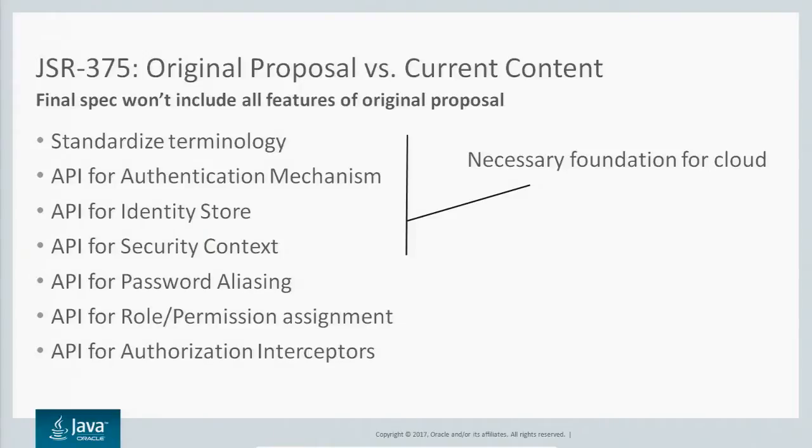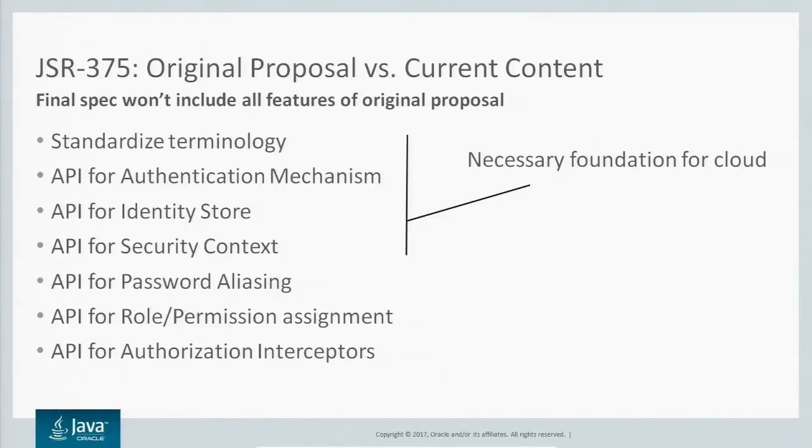So the list on the left is what was originally proposed. The final spec that we have is not going to include all of that. So we're defining the first 4 items there. Basically the idea is we wanted to get something standardized in time for EE8 so that we could get a foundation in place.